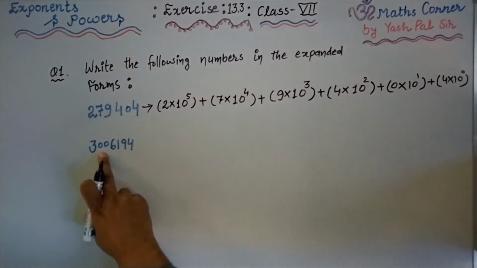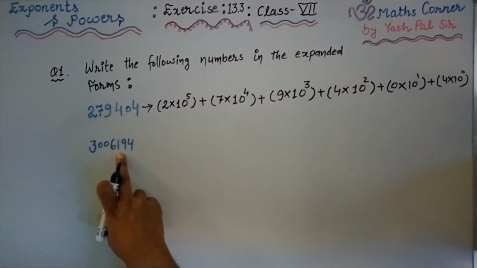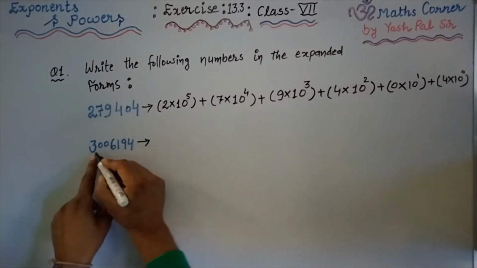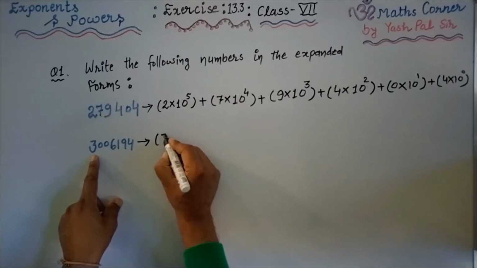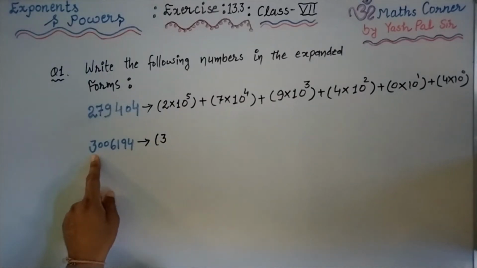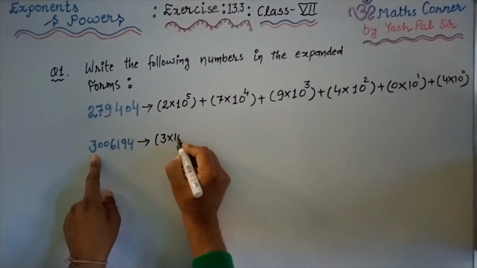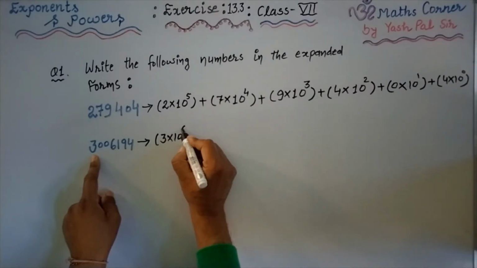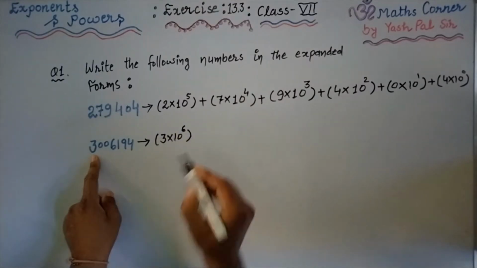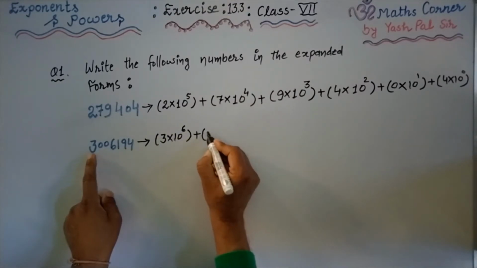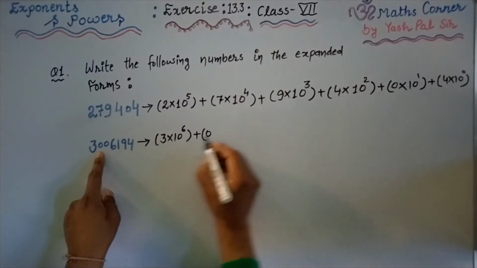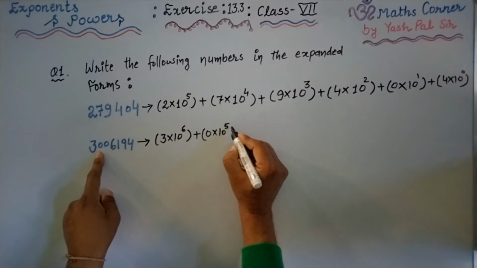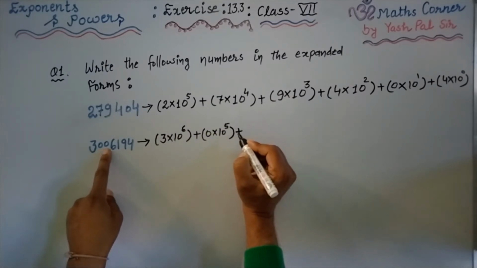Next number is 30 lakhs 6,194. So here we take the first digit 3 into 10 raised to power 6. Now we go on decreasing. Second is 0, and the power is decreased, it was 6, now this is 5.